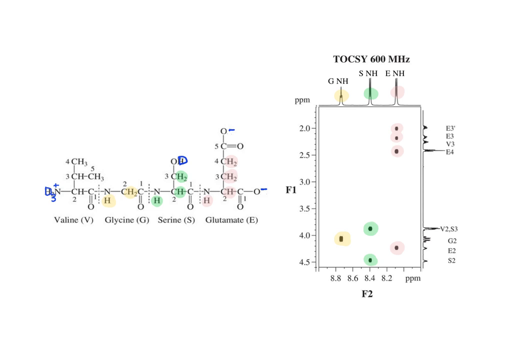However, from the TOCSY spectrum, we don't have a sequence of the amino acids in terms of how they are linked together. We're also not seeing a correlation with valine, but that is because the nitrogen of the ammonium group is fully deuterated.